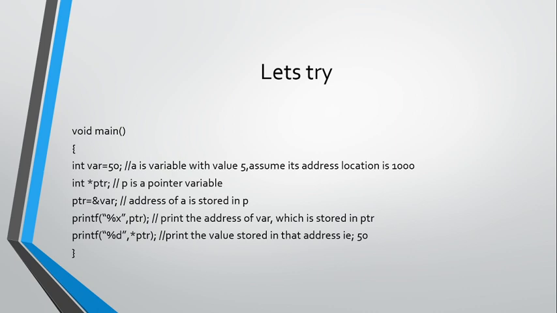Using this pointer variable, I want to read the value. For that, I will use this format: printf %d *ptr. *ptr will give the value, and simply ptr will give the address it stores. *ptr gives the value at that address.